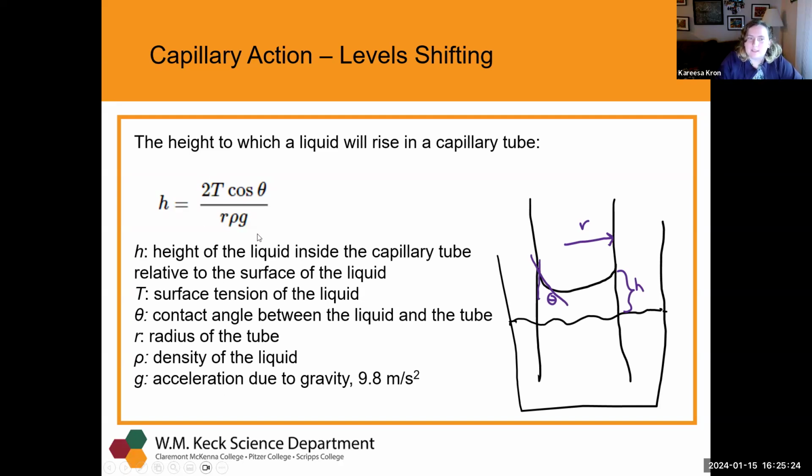We can use this expression to talk about why we see different rises in capillaries and how we can relate that to differences in adhesion or cohesion forces. We'll work through more examples on the worksheet, but these are some general properties that we like to look at in liquids, and we'll work to relate them to how it's overcoming different types of intermolecular forces.